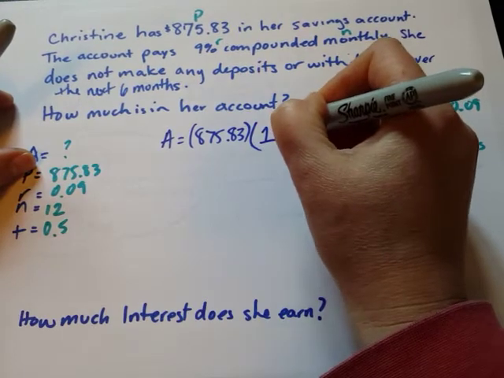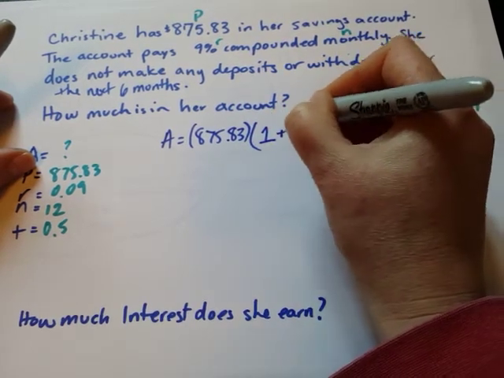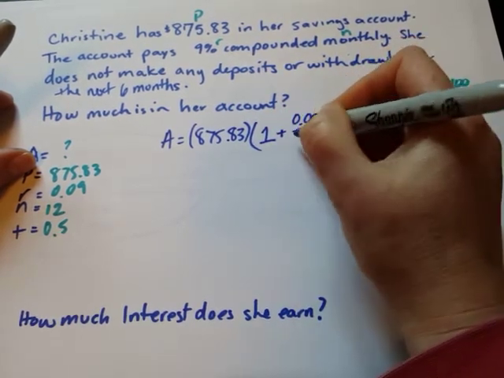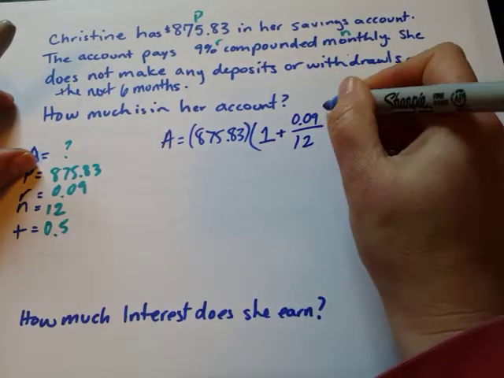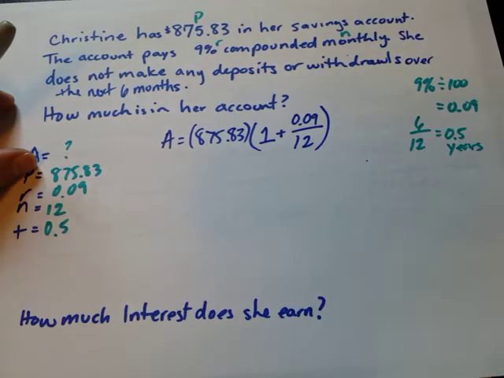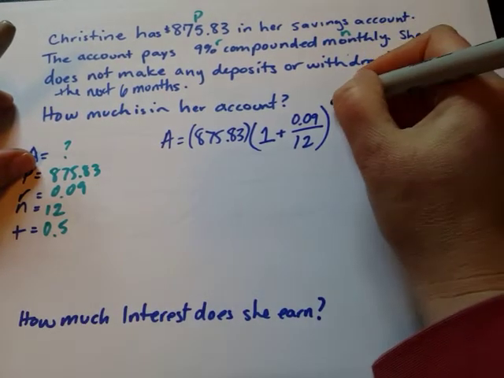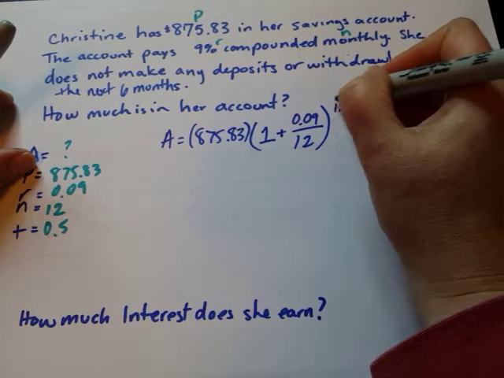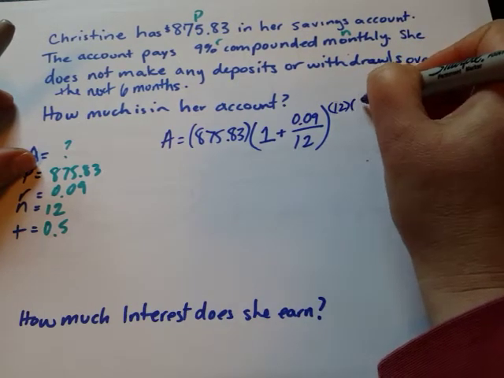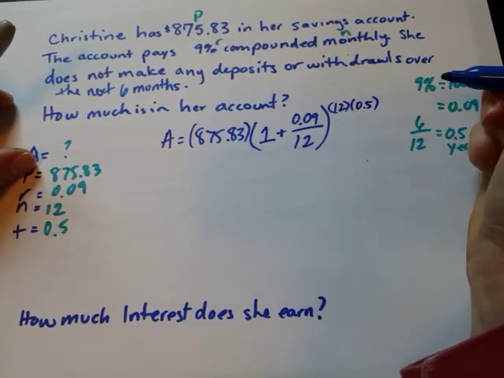We have a 1 plus 0.09 over 12. So the rate over the number of compounding periods, make sure that your rate is in its decimal form. And then we're going to use the number of compounds times the time as the exponent.